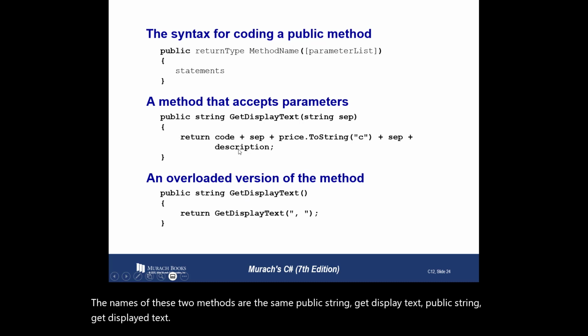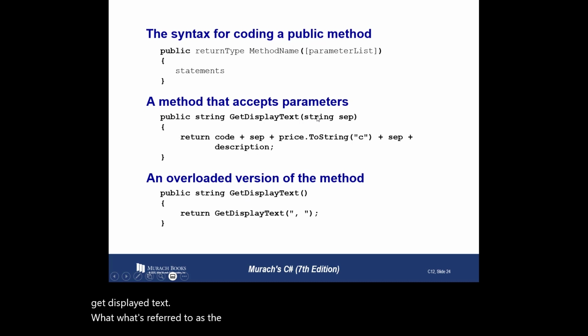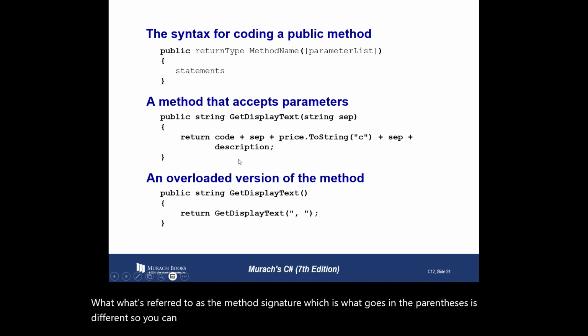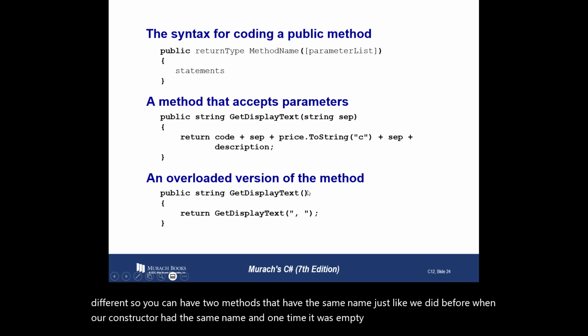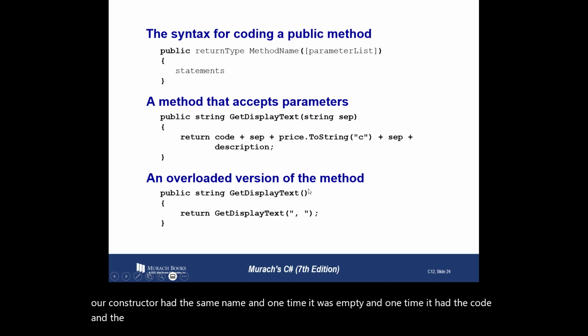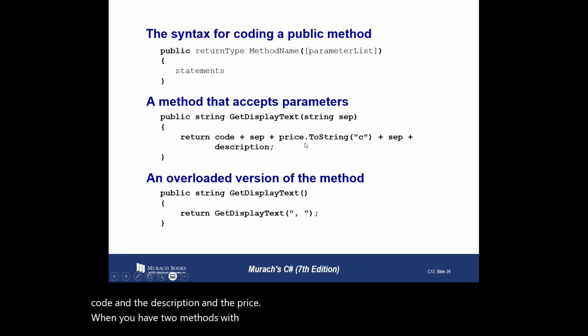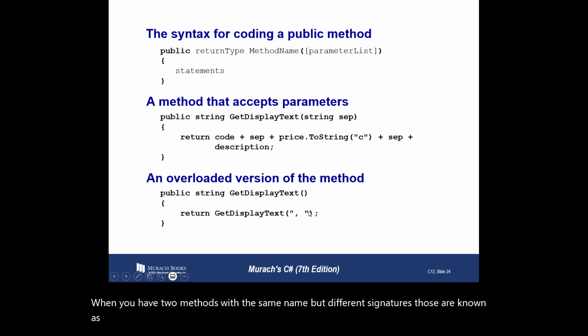But what's referred to as the method signature, which is what goes in the parentheses, is different. So you can have two methods that have the same name, just like we did before when our constructor had the same name, and one time it was empty and one time it had the code and the description and the price. When you have two methods with the same name but different signatures, those are known as overloaded methods.